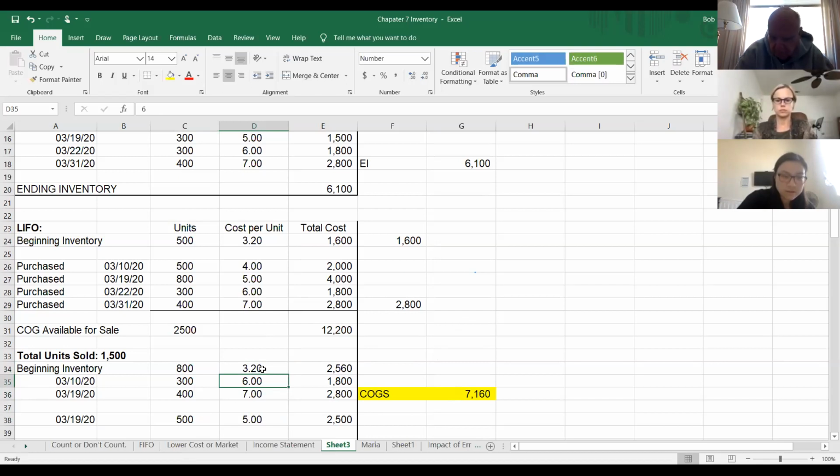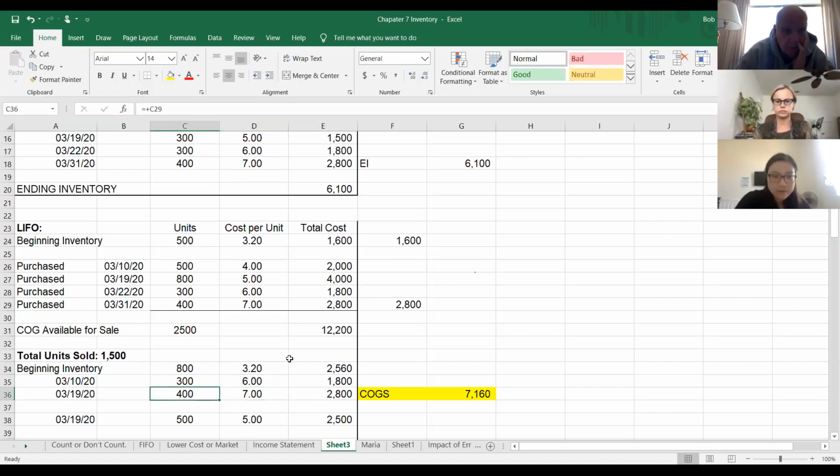320 beginning. Here we go. We sold 700. We sold 400 from here, 7. 400 from here. 300 from here. And then we sold another 300 from here. Is that what you're trying to tell me, Kelly?